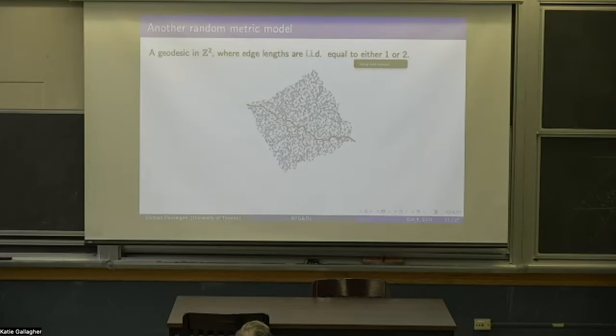If that coin lands tails, I say that edge has length 2. So this turns Z2 into a graph with random edge weights. You look at graph distance in this setup. This is some discrete model of the random plane. You look at graph distance in that model, that should also converge to one.